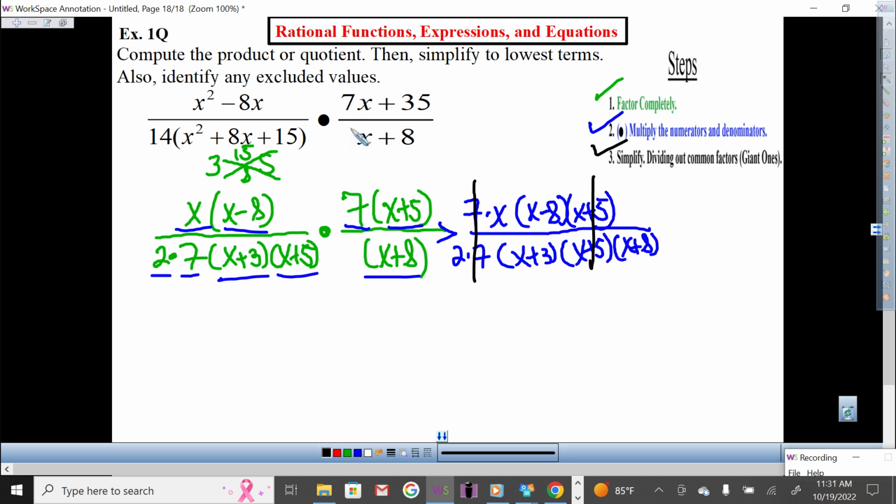Because there is no GCF, and the only GCF is what? I just didn't write the 1. I just put it in parentheses. All right. So what's left in the numerator? We have x times x minus 8. And the denominator we have x plus 3, x plus 8.